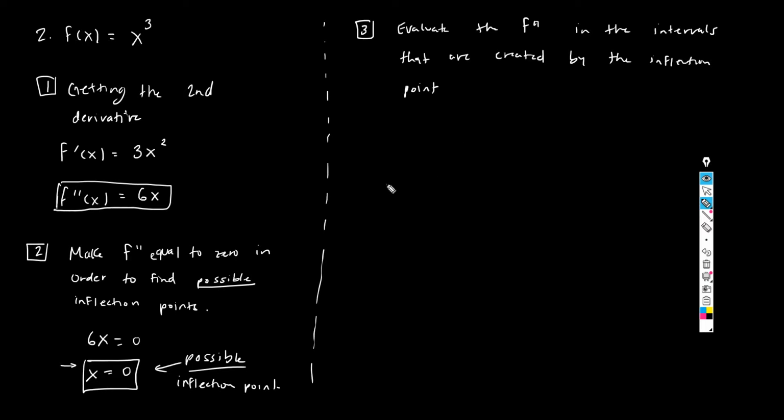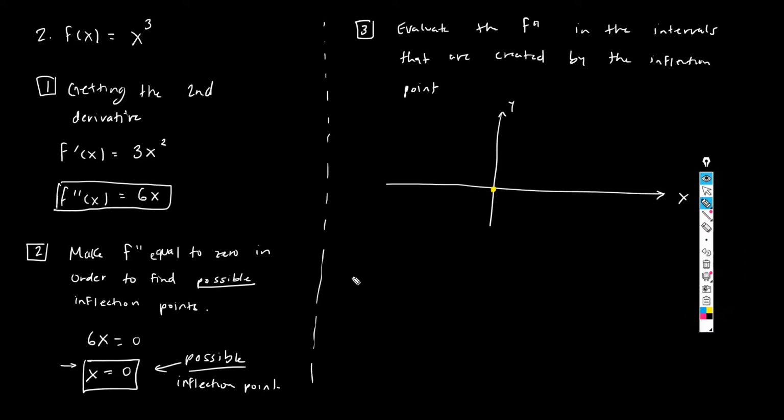What do I mean? I mean this. If we lay down our Cartesian system, my possible inflection point is right there at the origin. And as you remember, your inflection points divide or partition your whole x-axis into intervals. In this case, the interval from minus infinity to 0, that's the first interval, and the second interval goes from 0 to plus infinity.